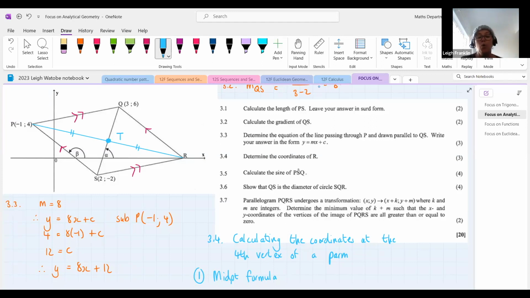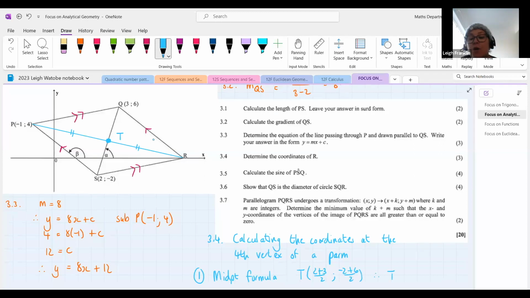Right? So what I could do is I could calculate the coordinates at T using the coordinates at S and Q. So I would say 2 plus 3 over 2, and then I'd say minus 2 plus 6 over 2.